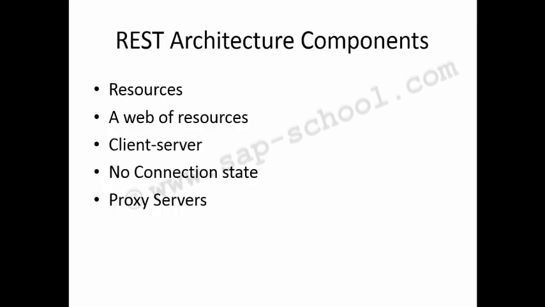First of all, let's start with resources. Resources are identified by logical URLs. Both state and functionality are represented using resources. Logical URLs simply mean that the resources are universally addressable by other parts of the system.